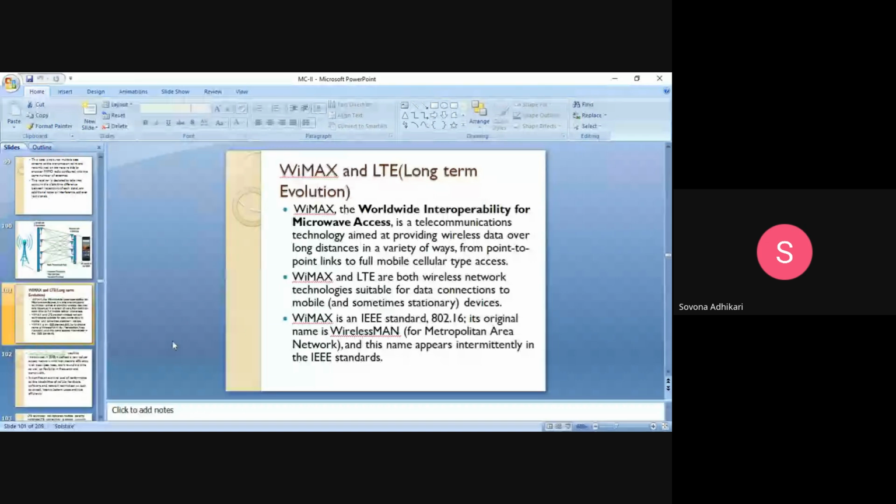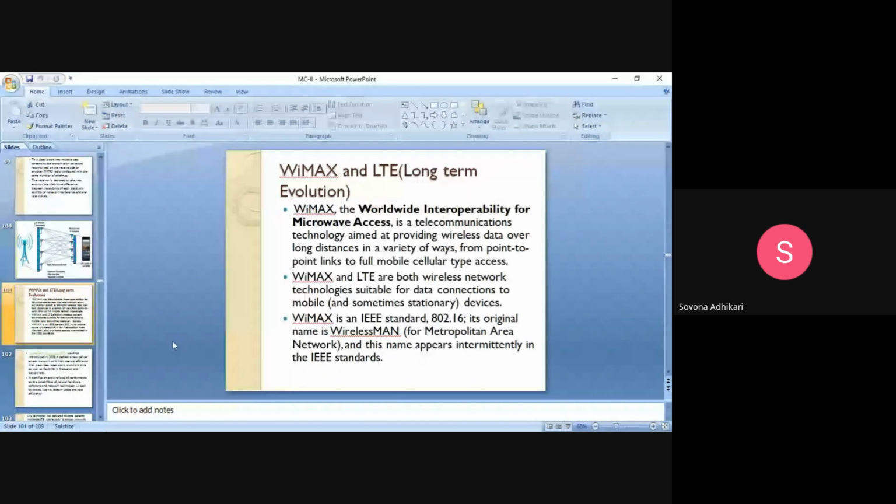The next topic is WiMAX and LTE. The Worldwide Interoperability for Microwave Access is a telecommunication technology aimed at providing wireless data over long distances in a variety of ways, from point to point links to full mobile cellular type access.